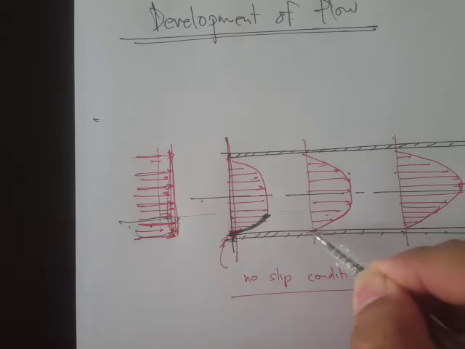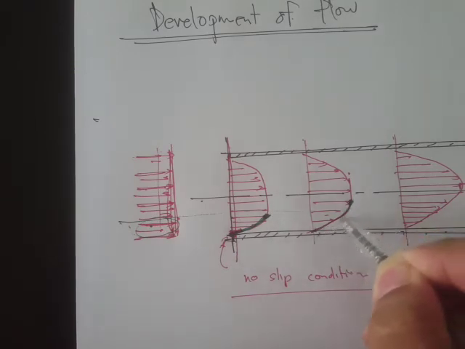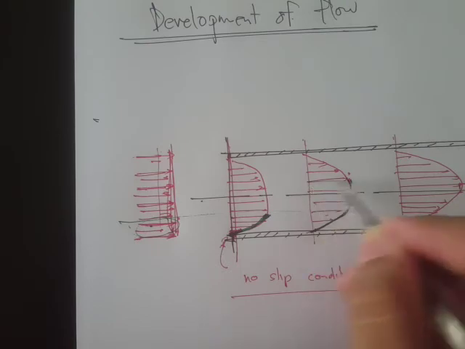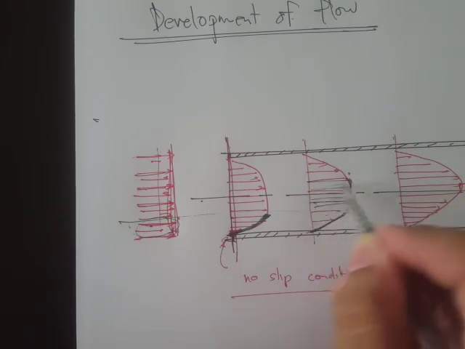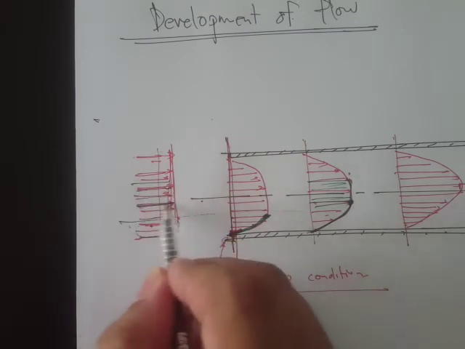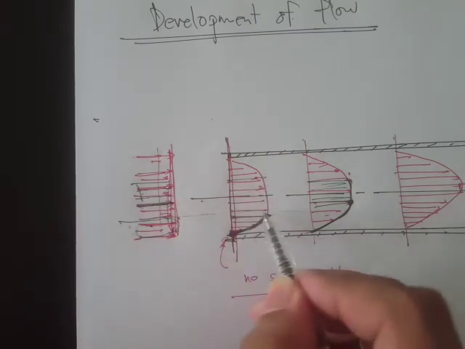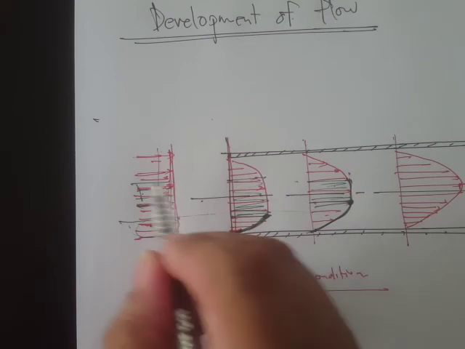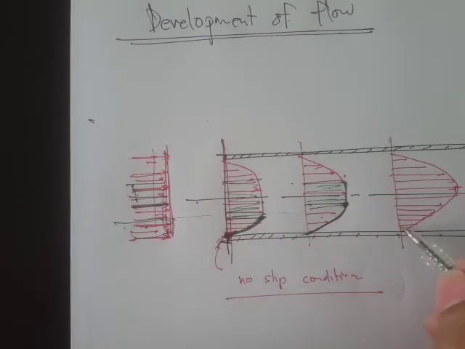Right here we'll have these variations, but this region right here has the same velocity as the ones in the free stream.